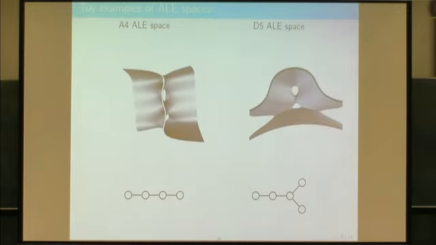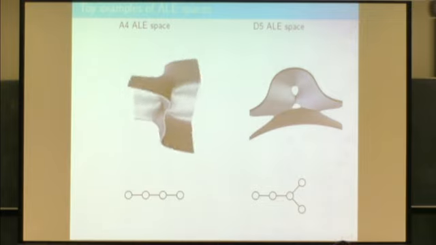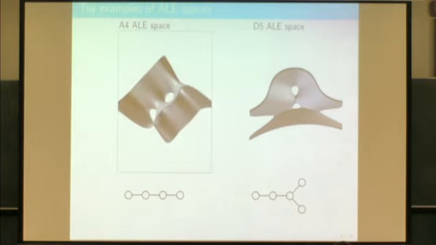So I again can show you two more examples just because I have printed them. Again, the technique is that you have to find an equation, a three-variable equation in C3, and then find a good real slice to capture the topology.